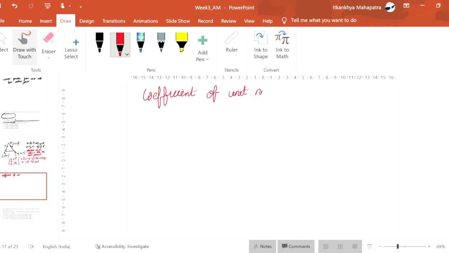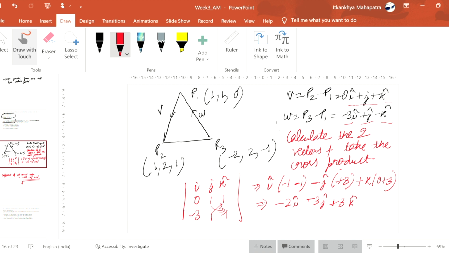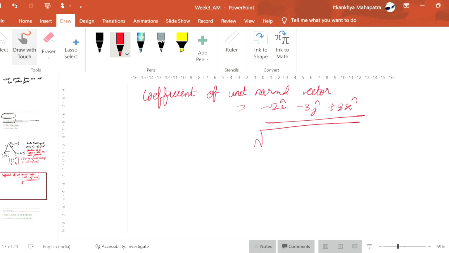Now we will take out the coefficient of the unit normal vector. This will be minus 2 i cap, minus 3 j cap, plus 3 k cap divided by the root of 2 square plus minus 3 square plus 3 square.